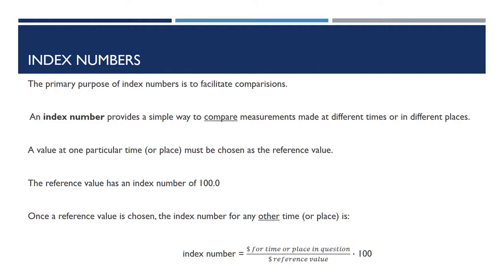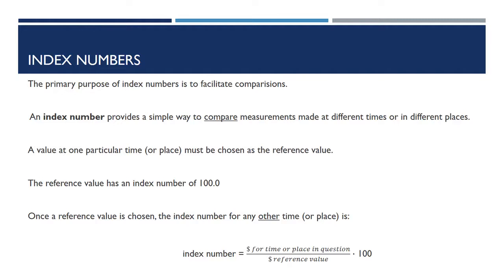Once a reference value is chosen, the index number for any other time or place is calculated by taking the amount for the time or place in question, like the cost of gas in Canada, or the cost of a loaf of bread in 1960, and dividing it by the reference value.